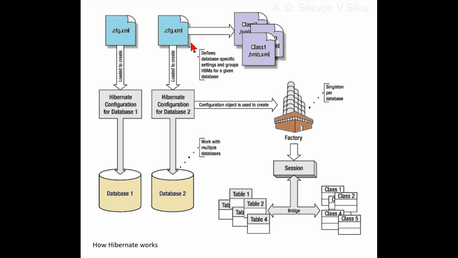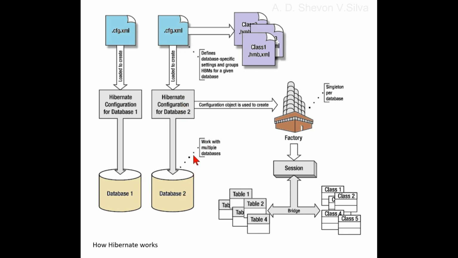The cfg.xml is connected to class1.hbm.xml, class2.hbm.xml, etc. Here the cfg.xml is loaded to create the Hibernate configuration for database 2, and the Hibernate configuration for database 2 is connected to database 2.